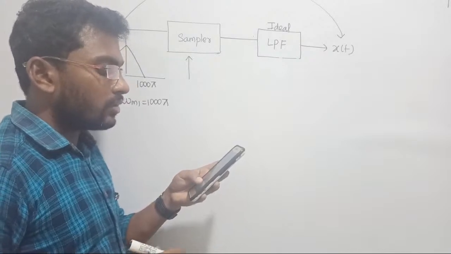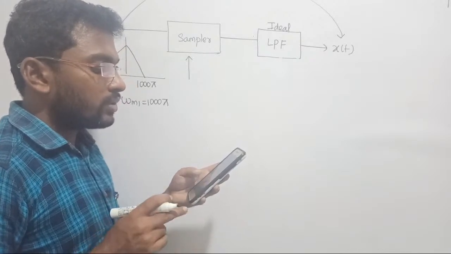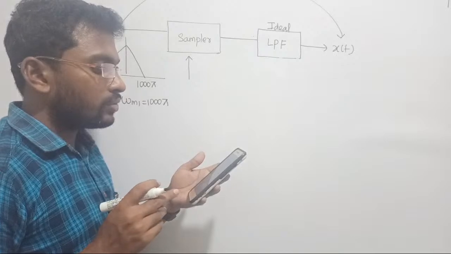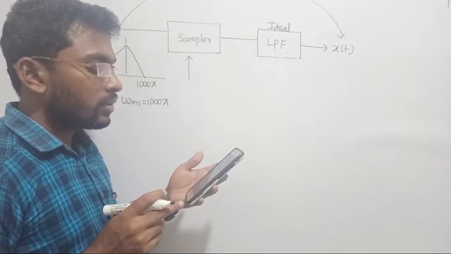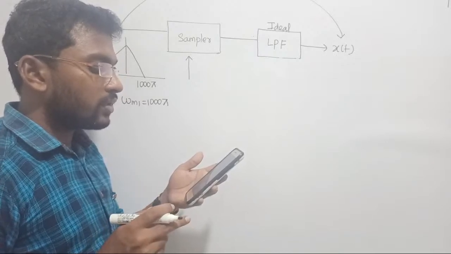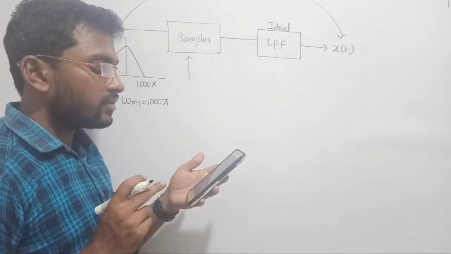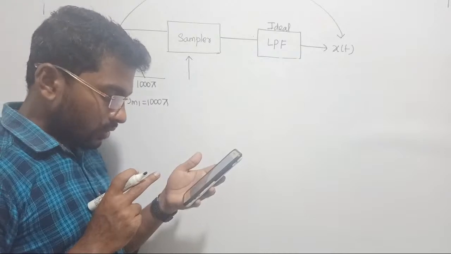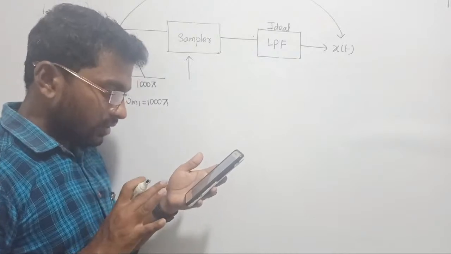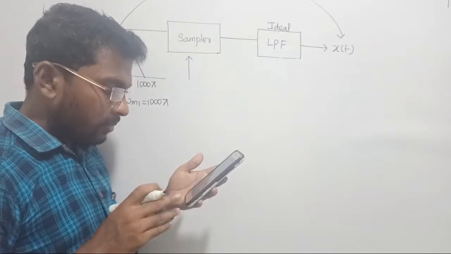So what is that? 1000, 2000, since cutoff frequency is what? 1500 is the cutoff frequency. Maximum frequency is 1000. It is 1000 samples per second.